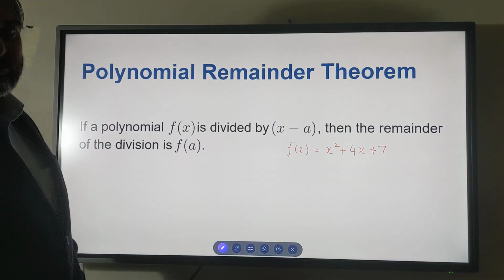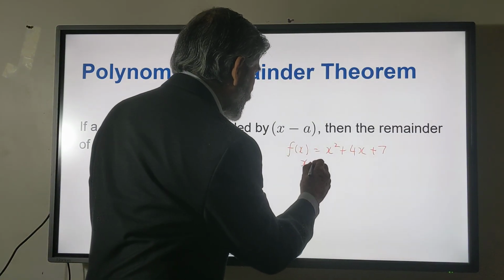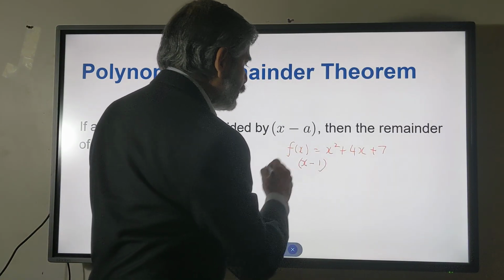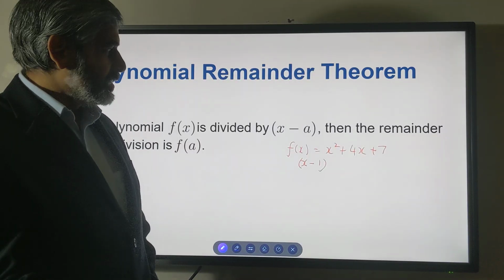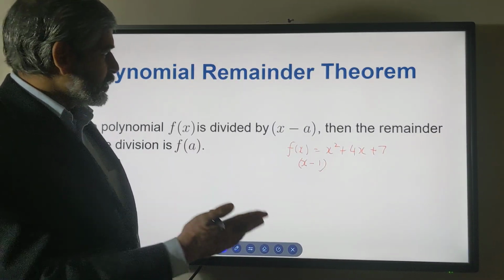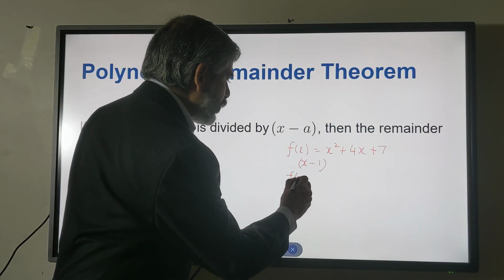If I divide this polynomial by, let's say, x minus 1, you can divide by x minus 1 or x plus 4 or whatever you want, then the remainder is given by f(1).